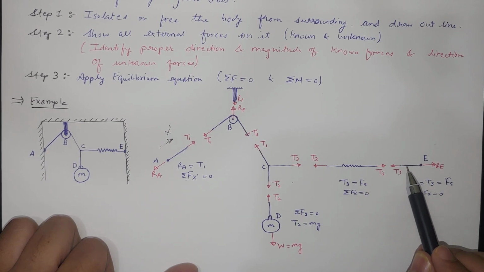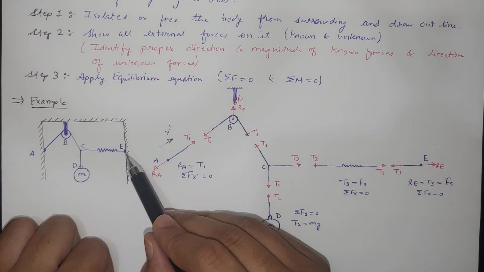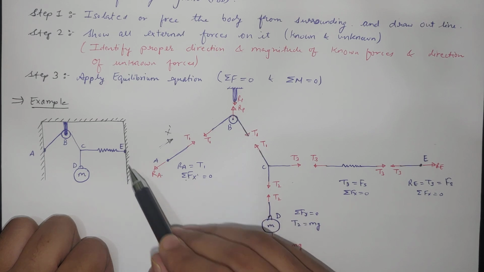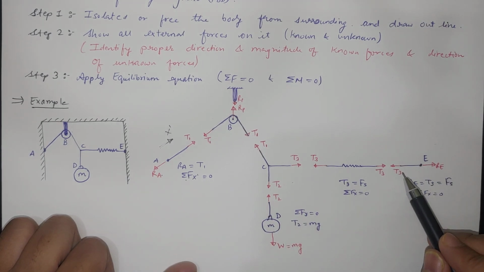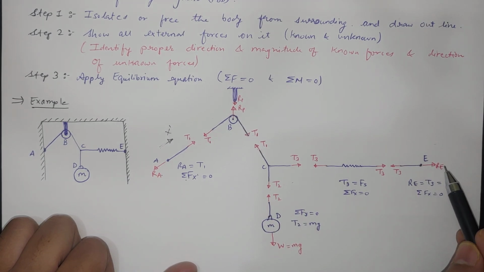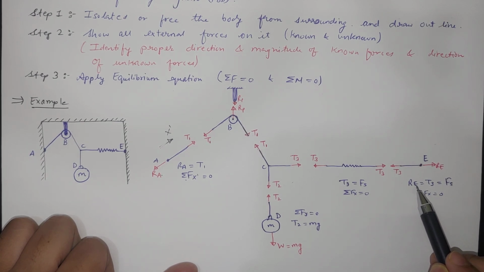Now the spring is also connected to the wall, so T3 will be equal to the reaction at point E because of summation of Fx equal to 0. So reaction E equals T3, which equals the spring force.